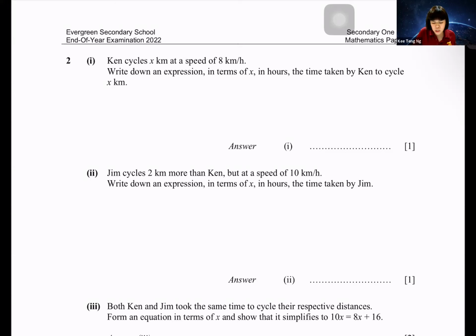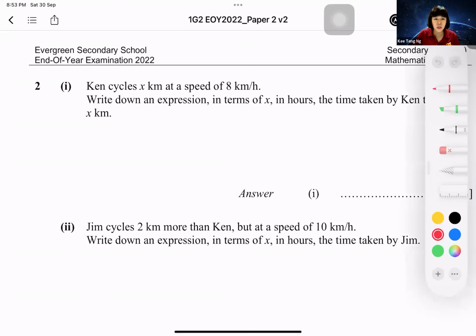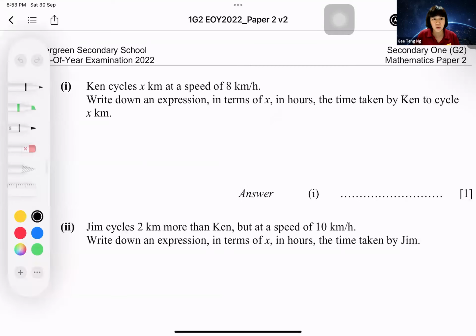Okay, we take a look at our question. Last question for today. Now, this part of the question is a combination of writing equations, forming expressions and writing equation, and solving the fractional equation. Right, so let's take a look at the question. Ken cycles X kilometer at a speed of 8 kilometer per hour. So for me, this is related to distance, speed, and time.